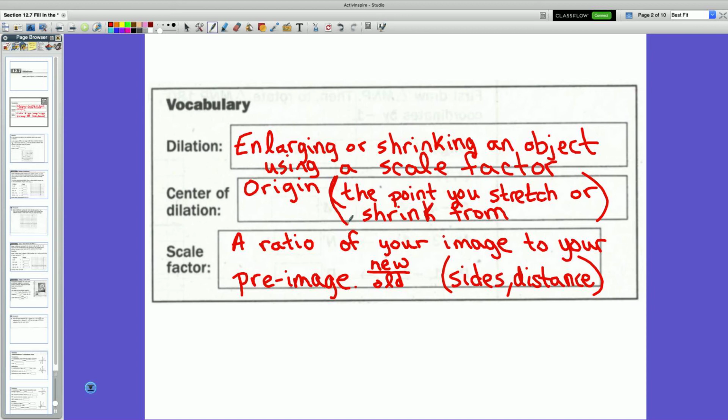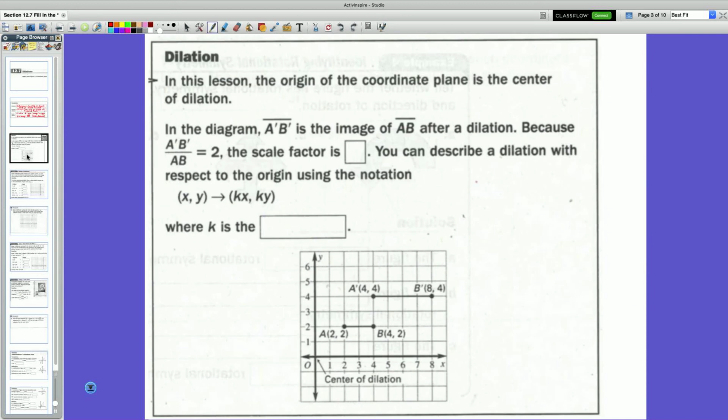All right, so to actually do a dilation, we need to know our scale factor. Like I said, we put the new over the old, and we reduce, and we got 2.